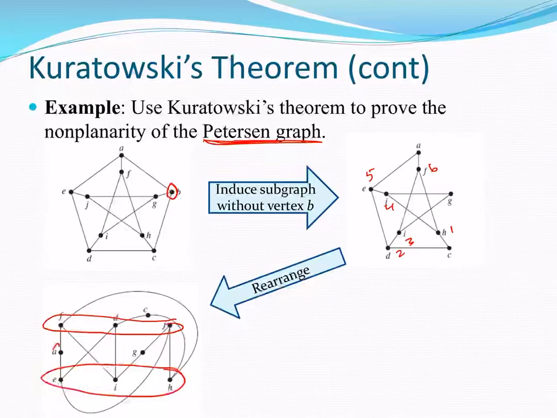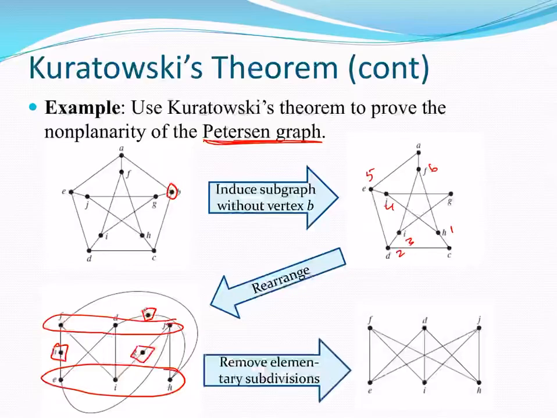The remaining vertices of degree 2 we can get rid of by deleting the elementary subdivisions, and we can see that K3,3 is the graph that this subgraph of the Petersen graph is homeomorphic to. All right, so that is our discussion of graph planarity, Kuratowski's theorem, and several corollaries related to Euler's formula.